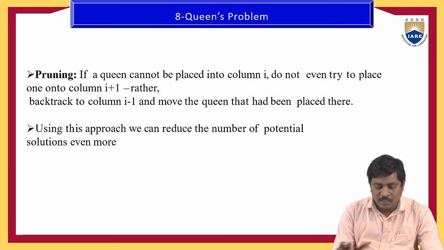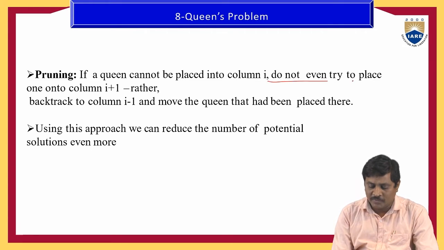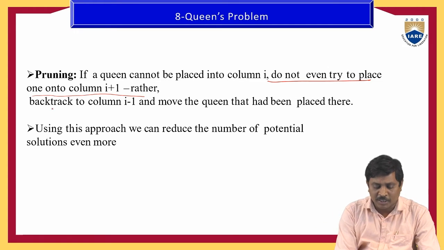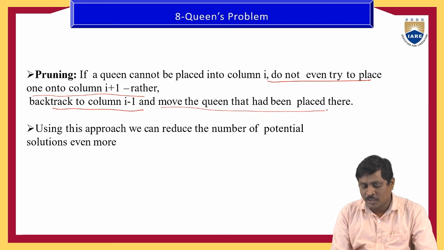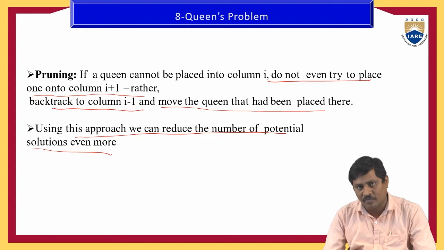Pruning: if a queen cannot be placed into column i, do not even try to place one onto column i plus 1, but rather backtrack to column i minus 1 and move the queen that had been placed there. Using this approach, we can reduce the number of potential solutions even more.